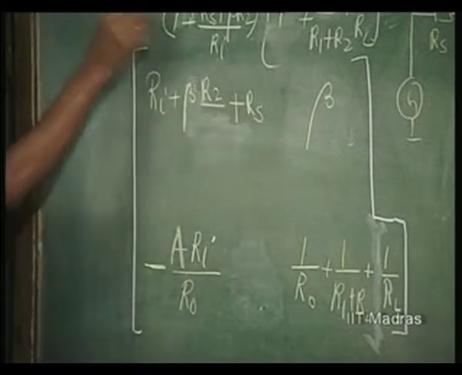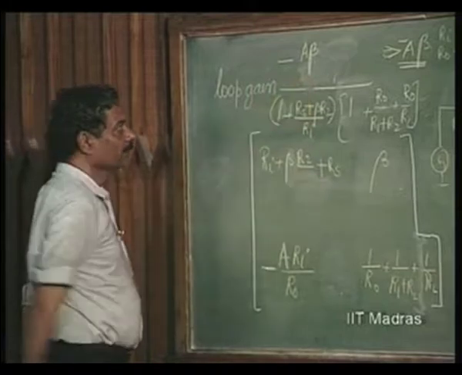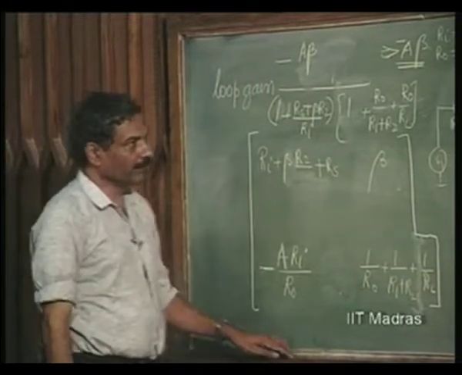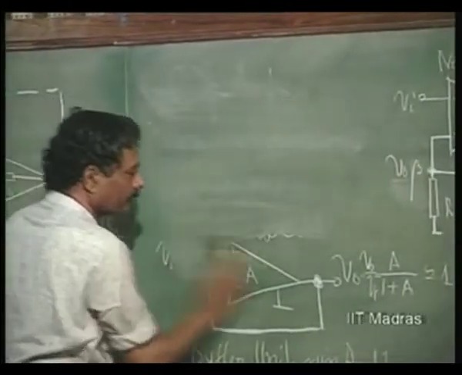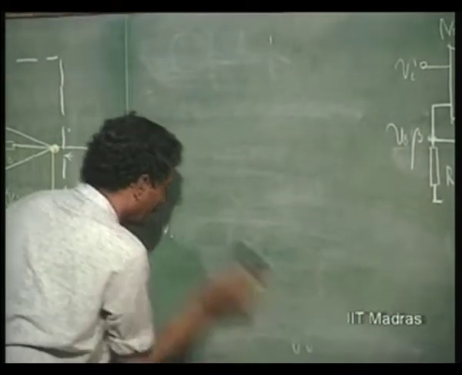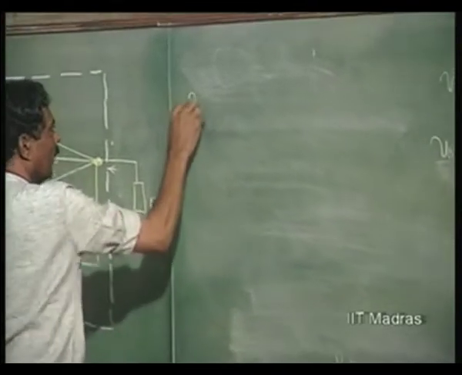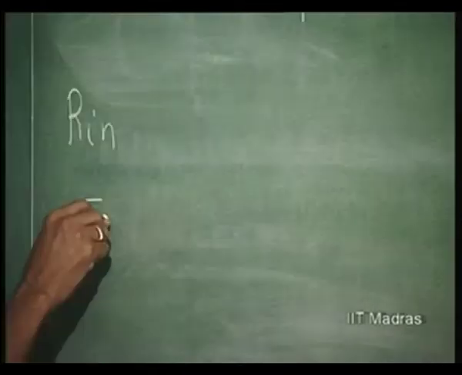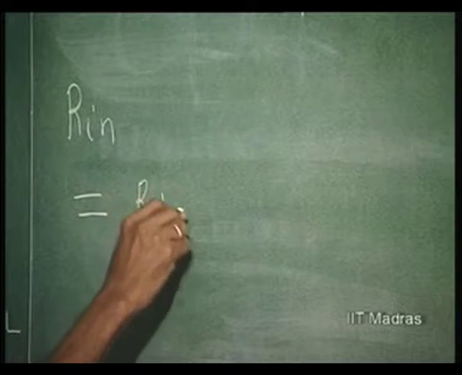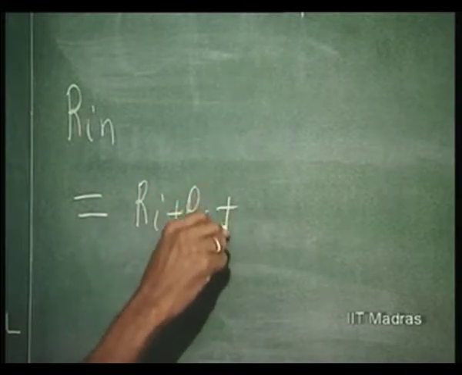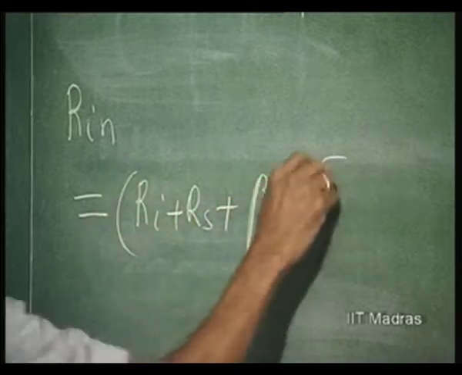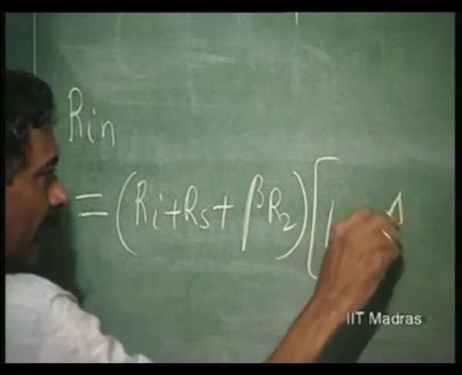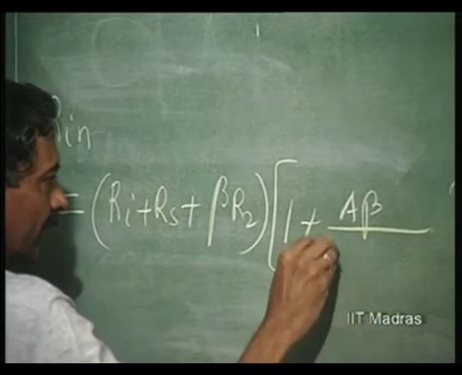So, that is getting multiplied by 1 plus loop gain. Okay. So, actual loop input impedance Rin is Ri plus Rs plus beta R2 into 1 plus A beta divided by that factor.